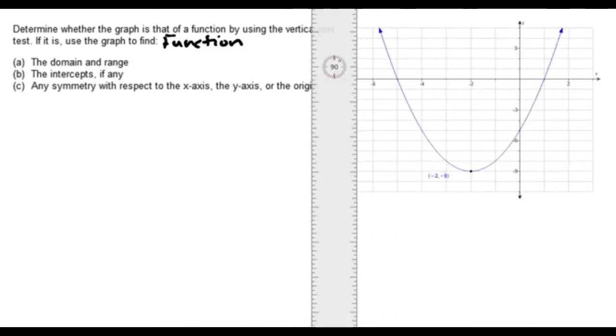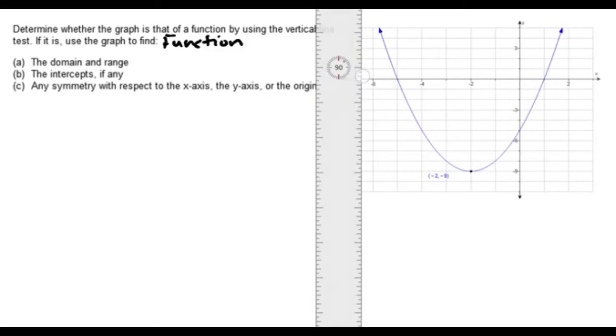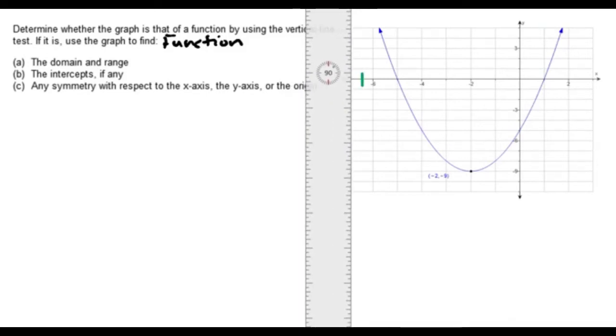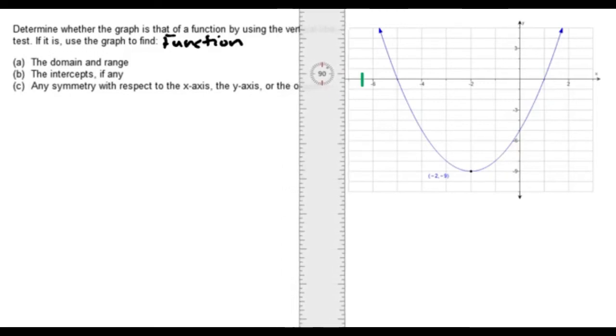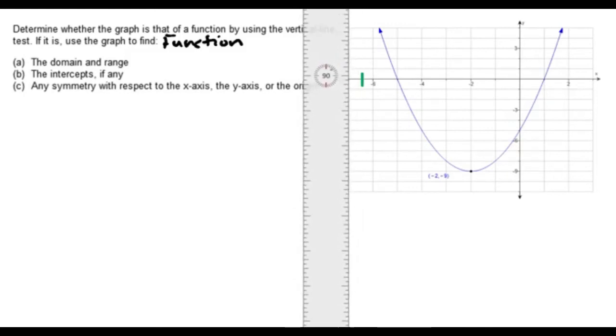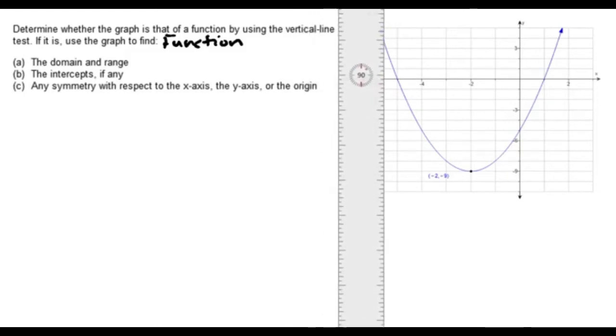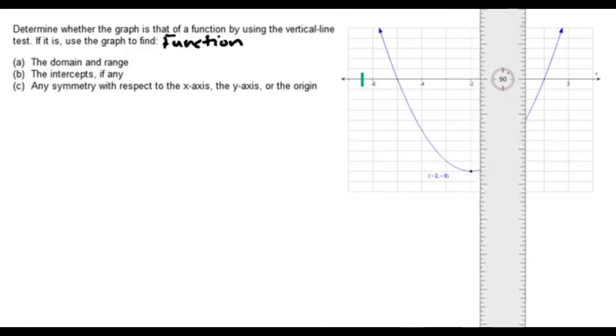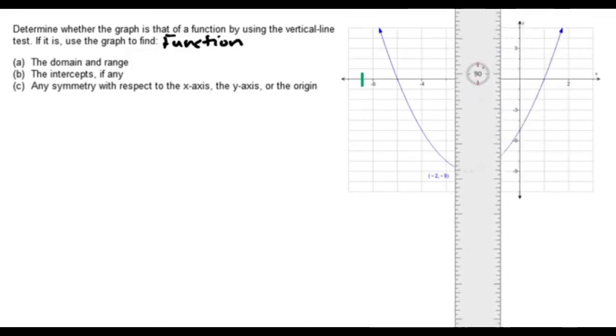And the reason why I hold it vertically is because this ruler is marking along the x-axis. And as I said a moment ago, the domain are the x's, all of the x's for this graph. So I'm going from left to right, and I'm taking note of the first time my ruler hits the graph and the last time the ruler hits the graph.